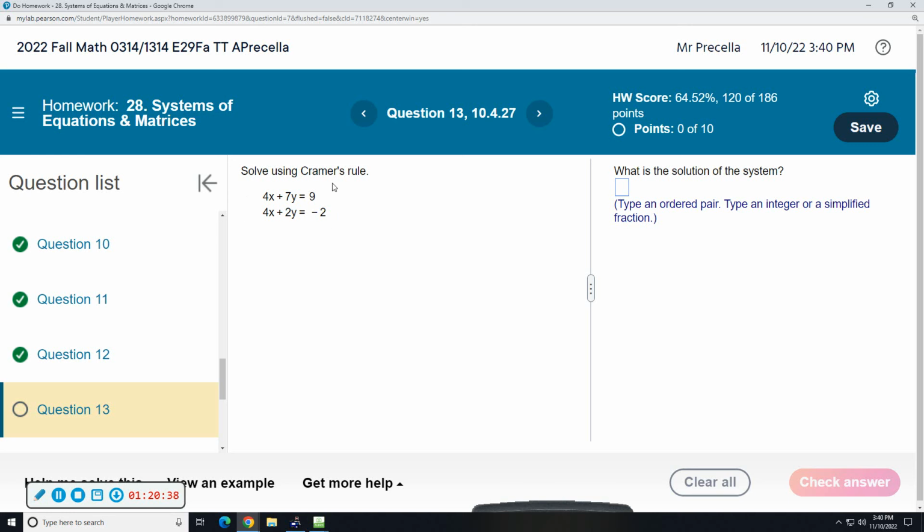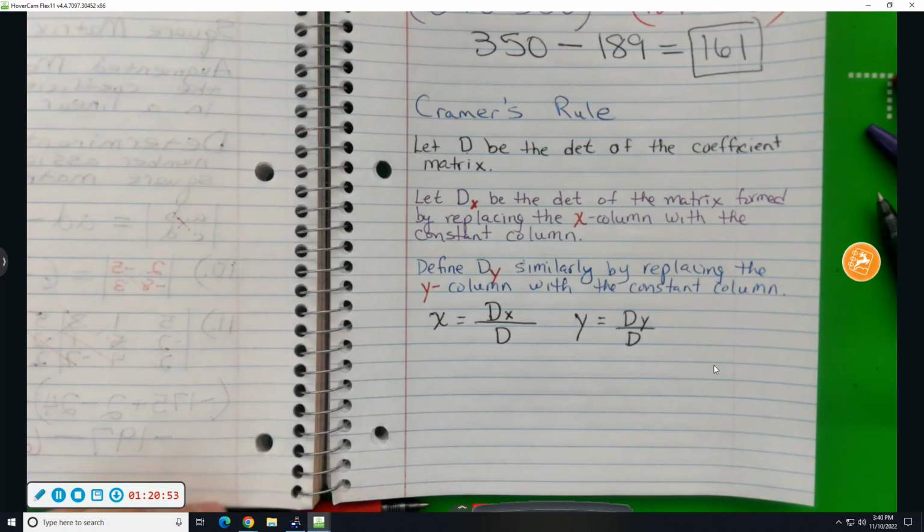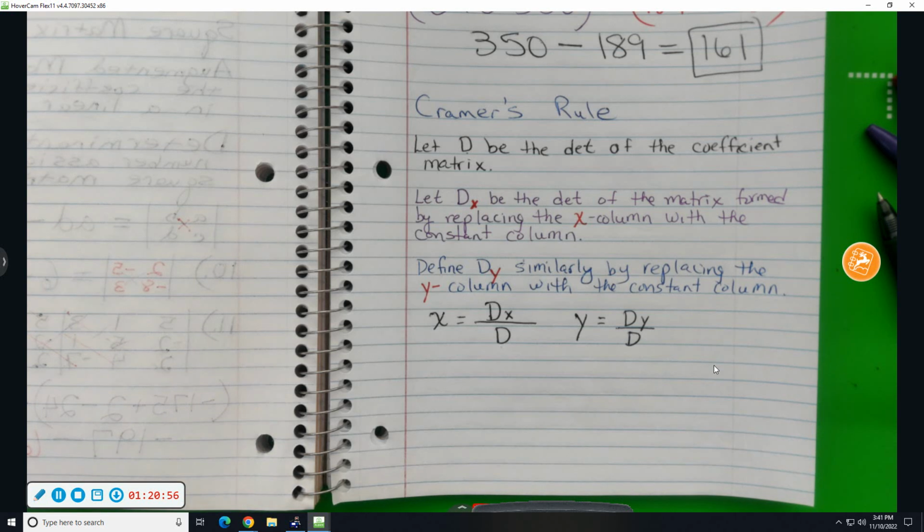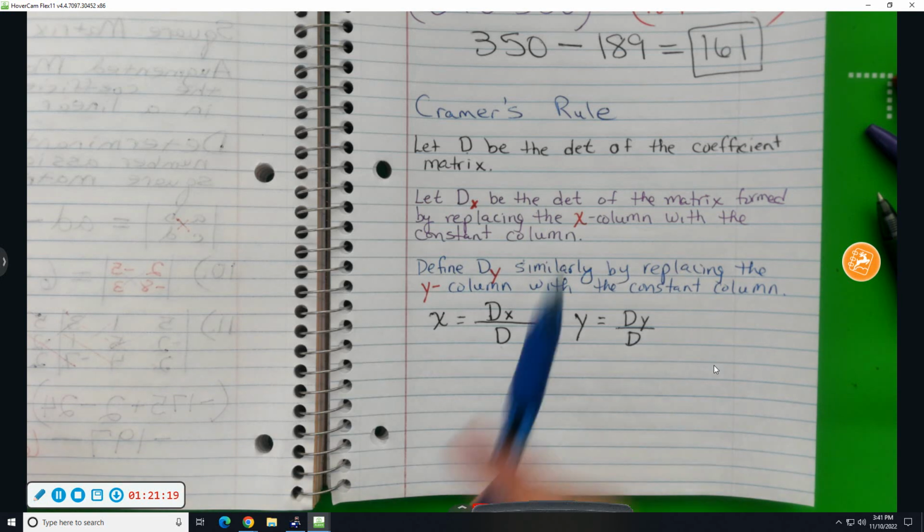Notice, this looks like something you could use elimination with, right? Cramer's rule is just another method to solve linear systems in addition to elimination and substitution. You start off, write down the four coefficients, and then do the little fast 2x2 crisscross, making the x, just the single x, not all the other x's.